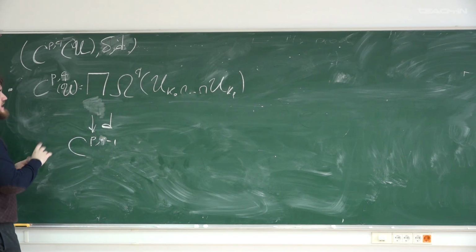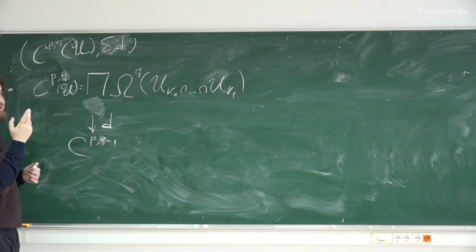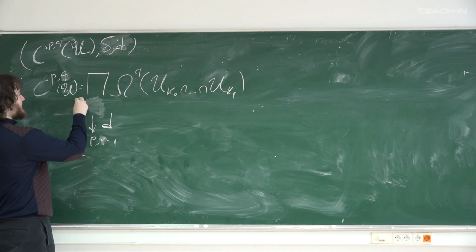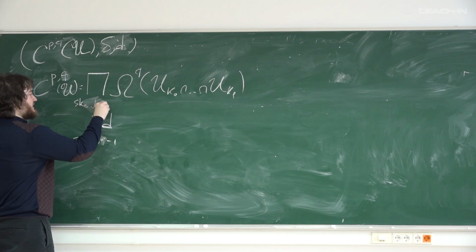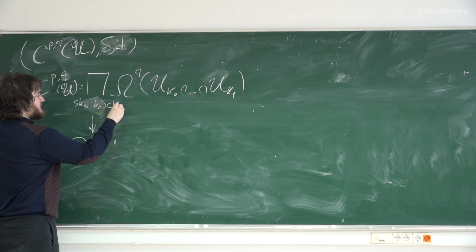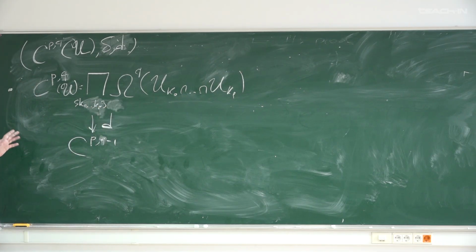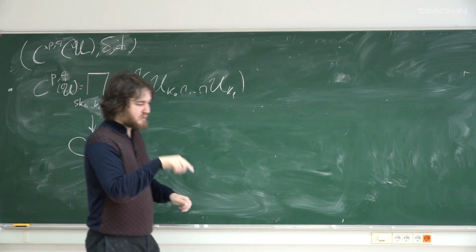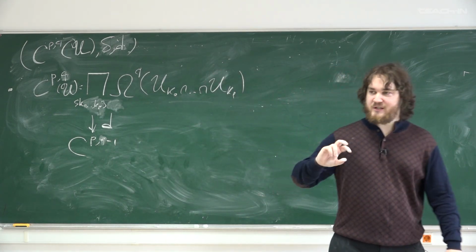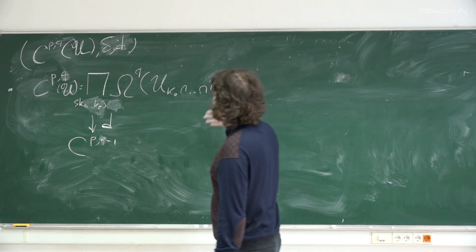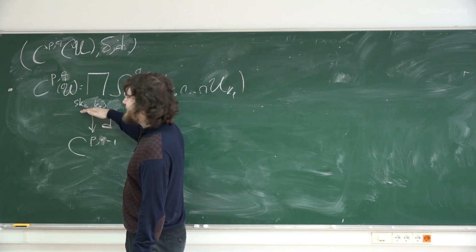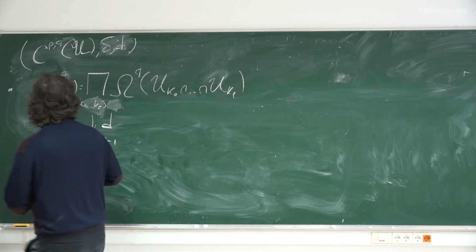It's because I have the skew symmetric assumption, exactly to say this is over unordered simplexes, unordered sets. My direct product over ordered simplexes, by the skew symmetric assumption, is in bijection with the direct product over unordered simplexes. Okay.